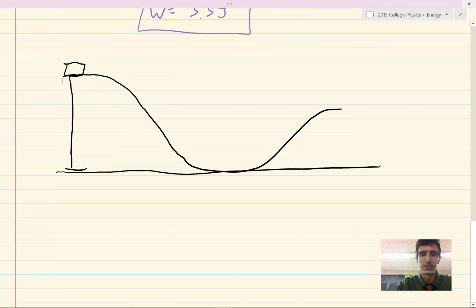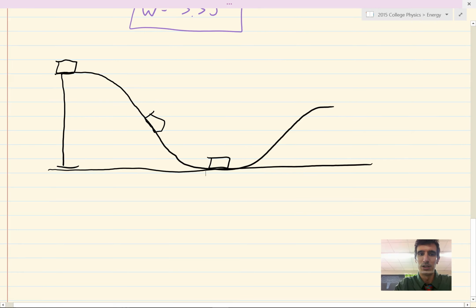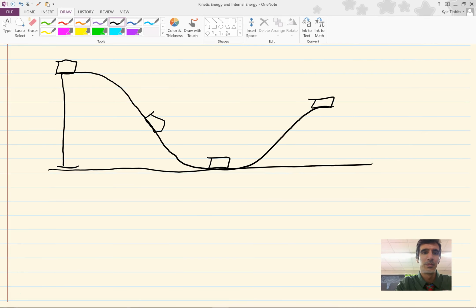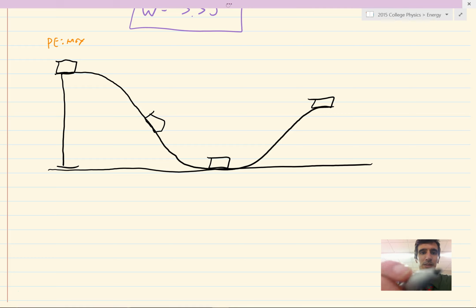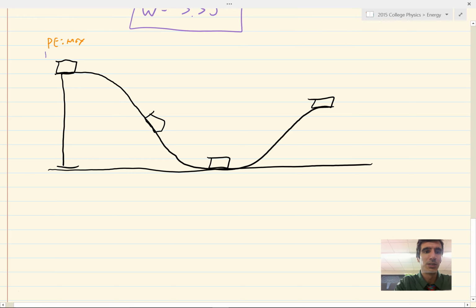We'll look at here, as it goes down, at the very bottom, and up to the spot right here. So, at the very top, it has maximum potential energy. So PE equals max. Since it has maximum potential energy, and it's not really moving at the top, kinetic energy equals 0.